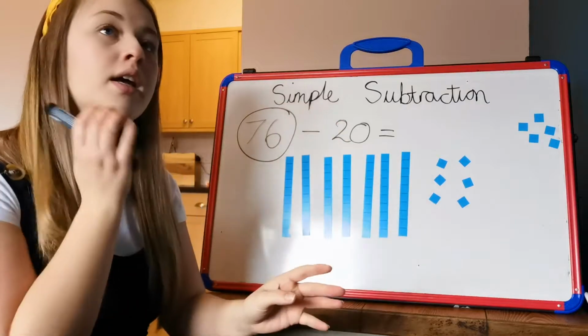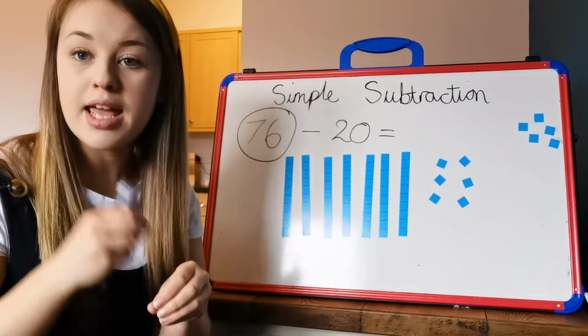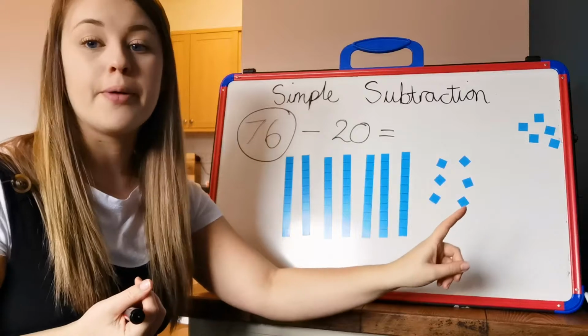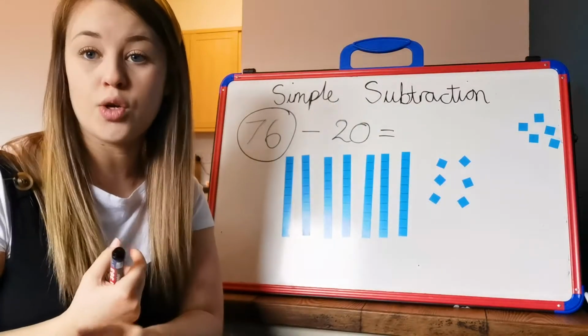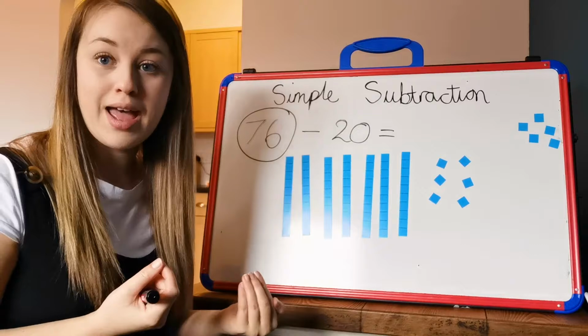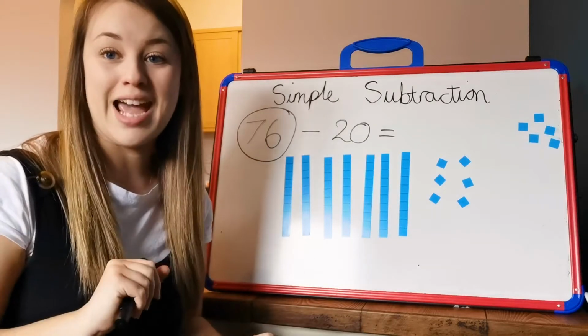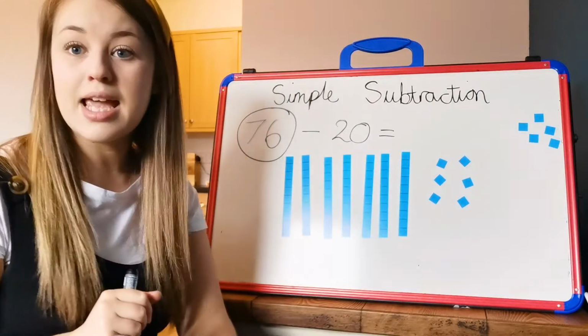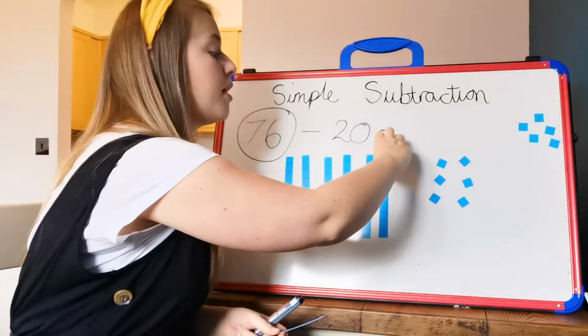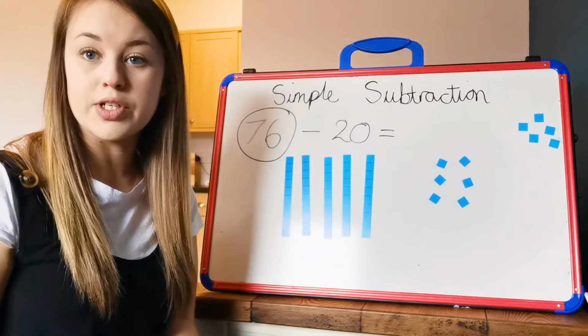When children are first practicing this, they will very easily draw the second number. The reason that is not helpful is because when you then come to take away, it's all about crossing out. So if I'm then going to take away 20, I need to take it from my 76 originally.